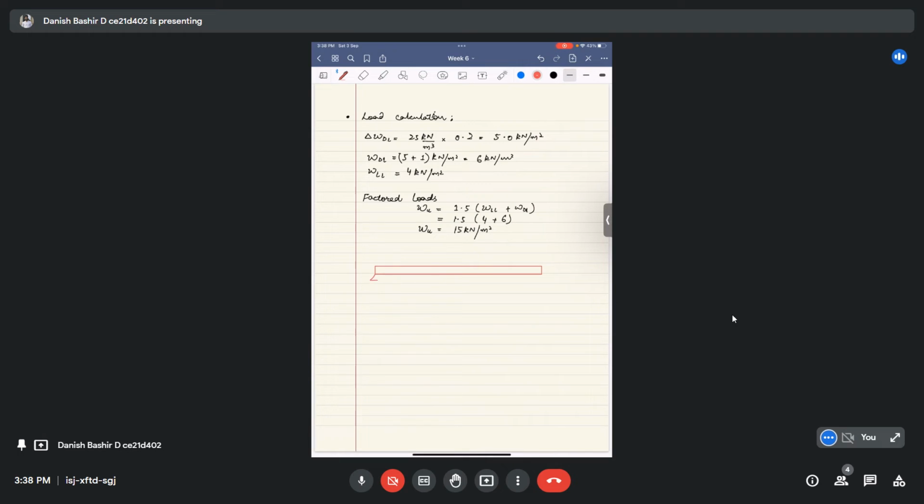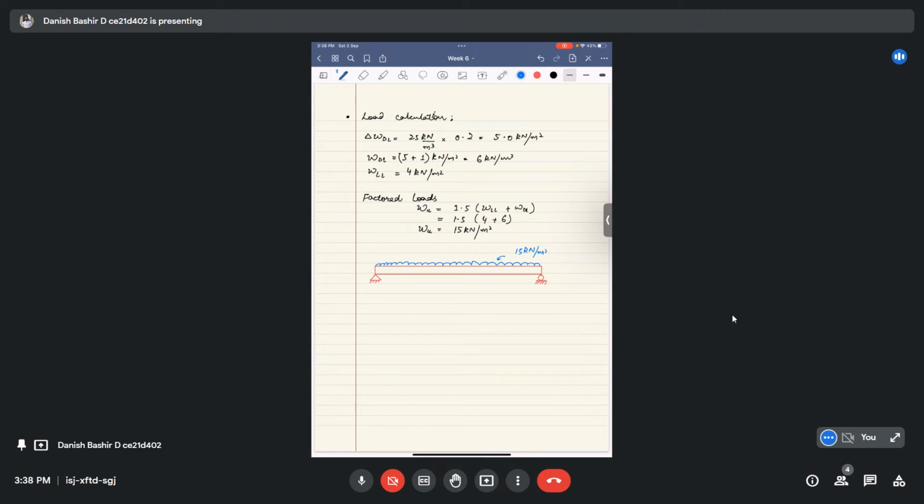Beam system like this. It is simply supported. It is having a total factor load of 15 kilonewton per meter square.